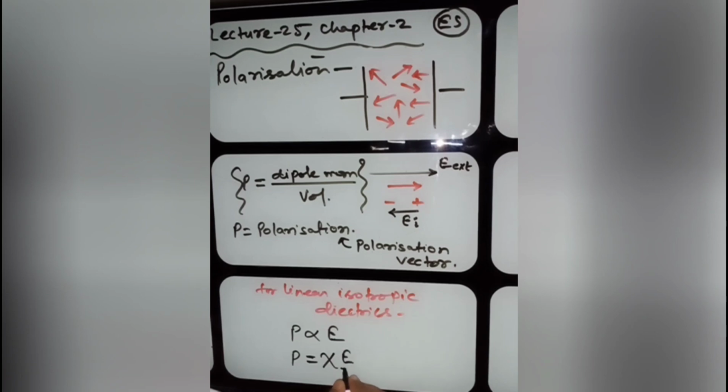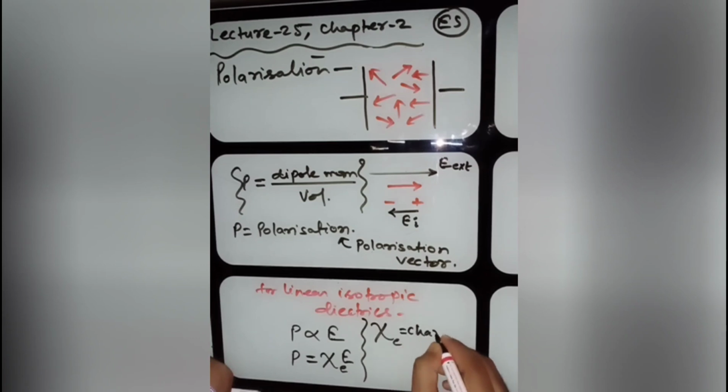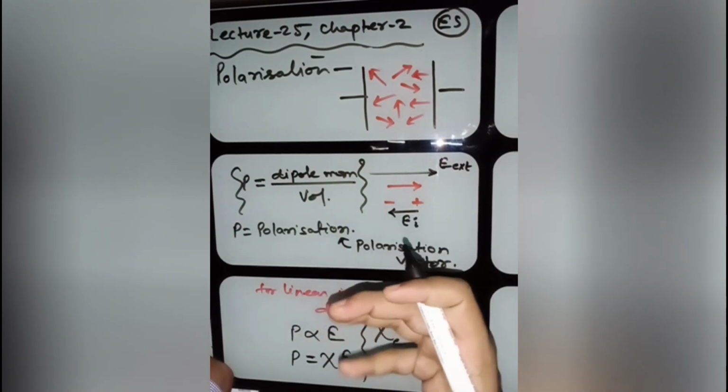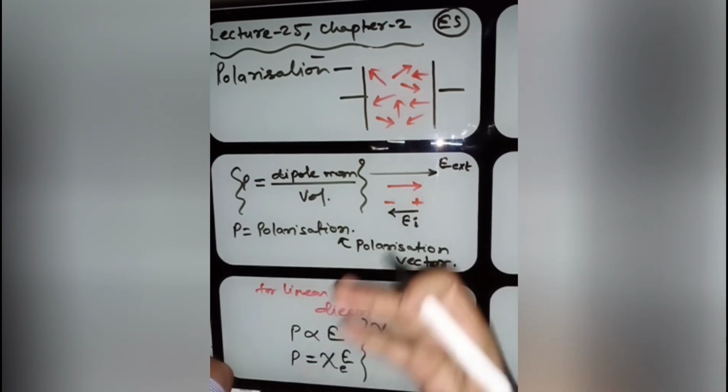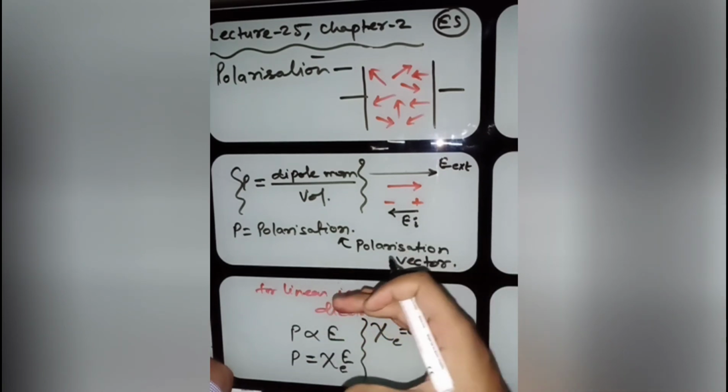P equals xi E, and this xi is a characteristic of the dielectric material.